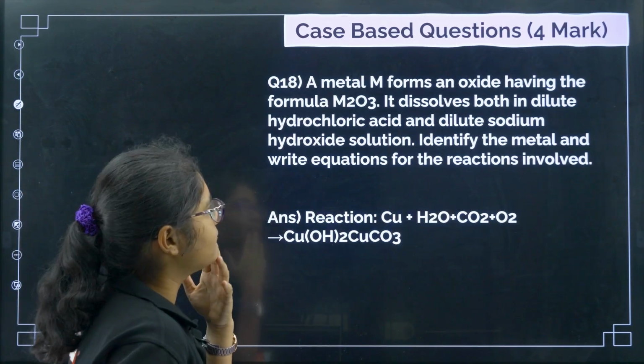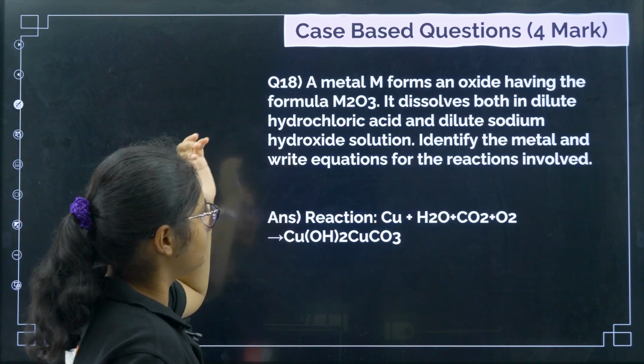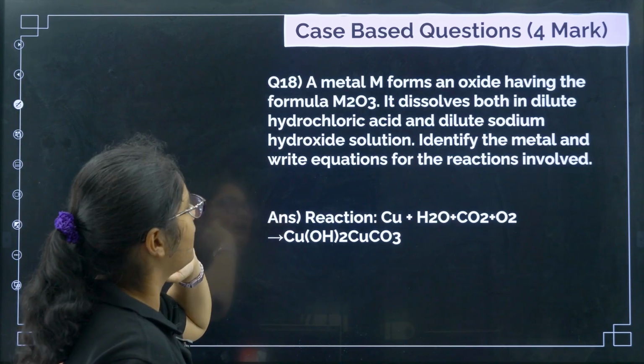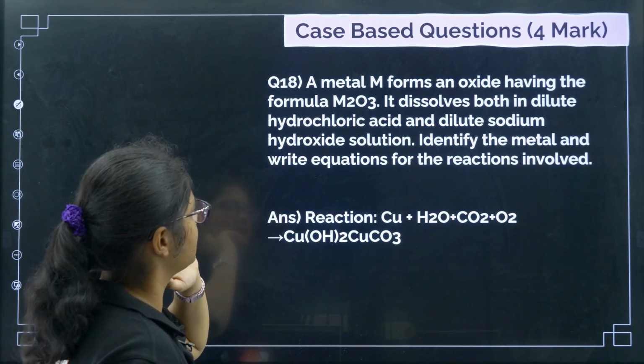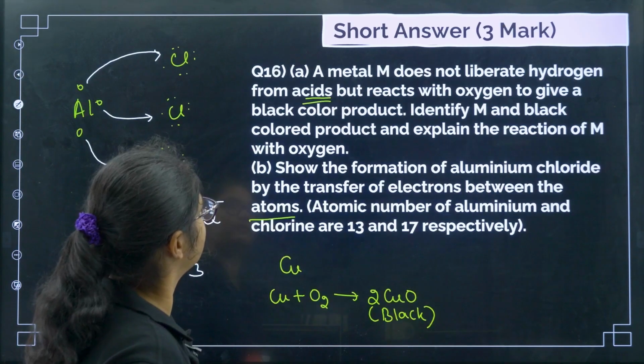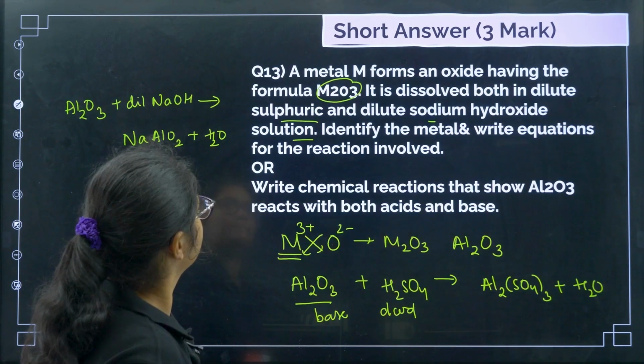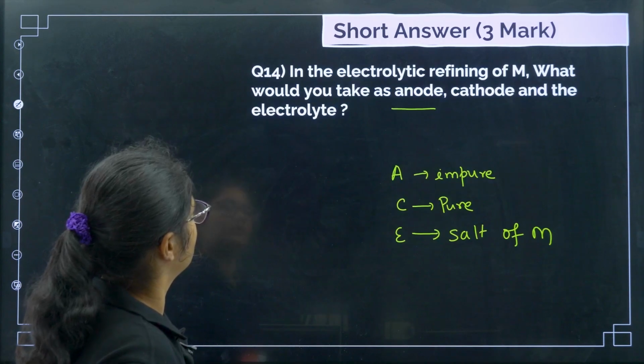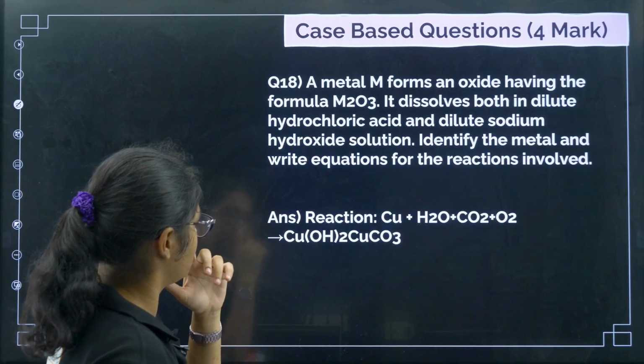Next, a metal M forms an oxide having the formula M2O3. It dissolves both in dilute hydrochloric acid and, one second, I think this question has been repeated, right? Okay, sorry. So this was a different question here.